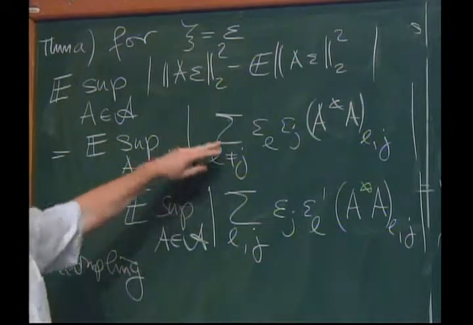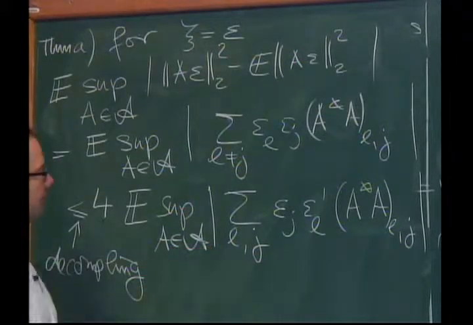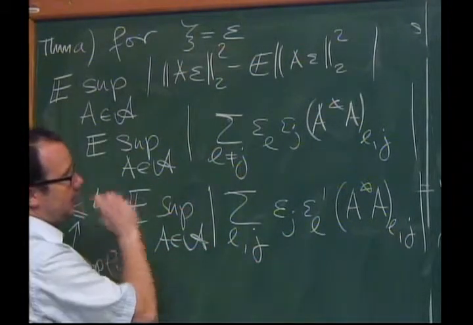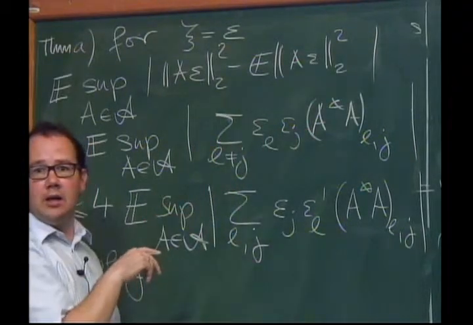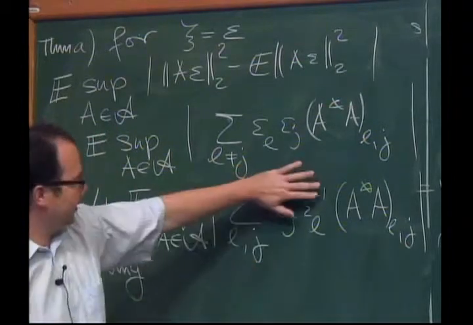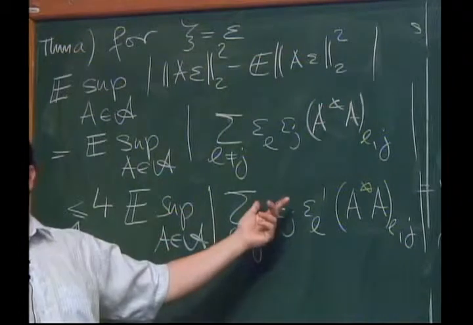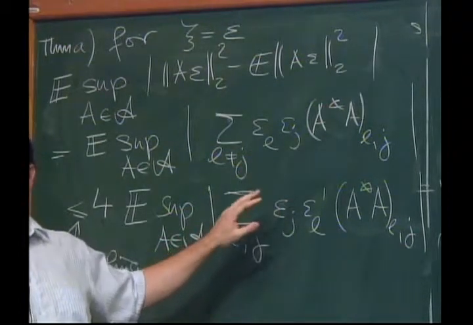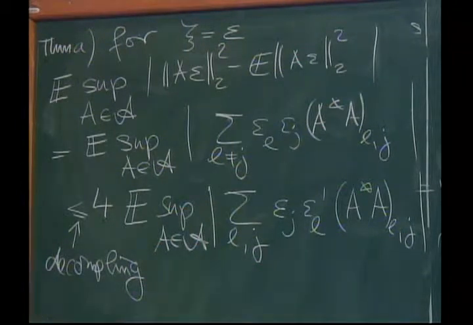And also by doing that, you can reintroduce the diagonal. The intuition is that here all the terms have mean 0. And here also all the terms have mean 0. If this wouldn't be an independent copy, then this would be 1 deterministically, and then you get really something else. So that's the intuition why you can actually reintroduce the diagonal.